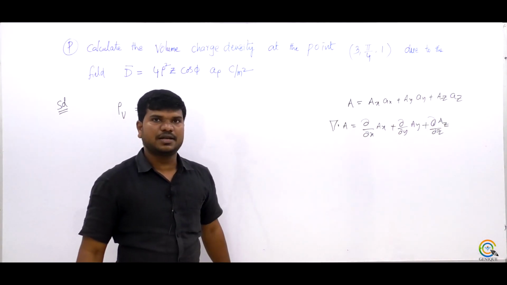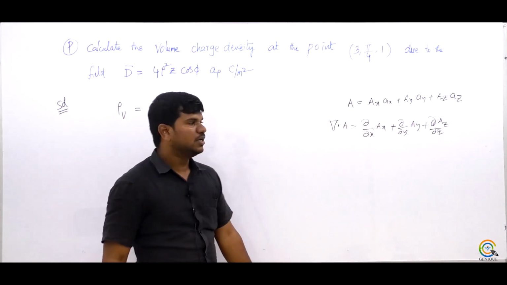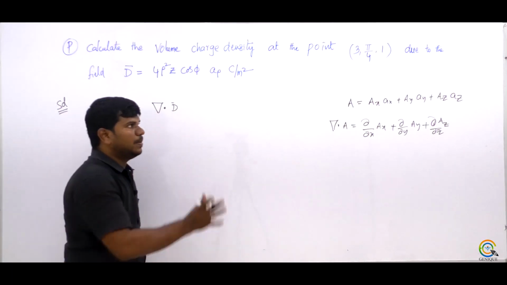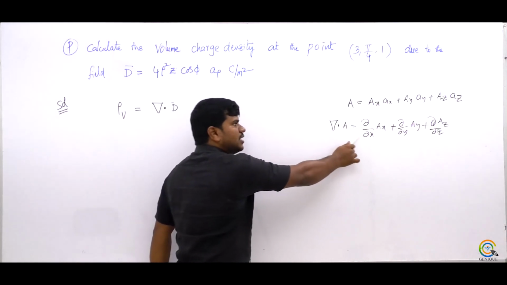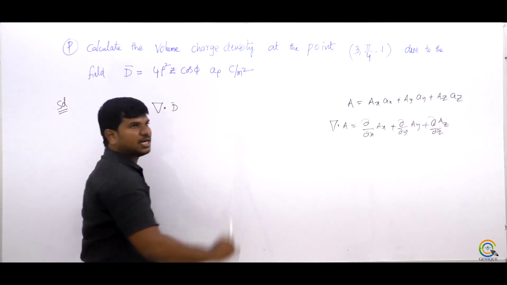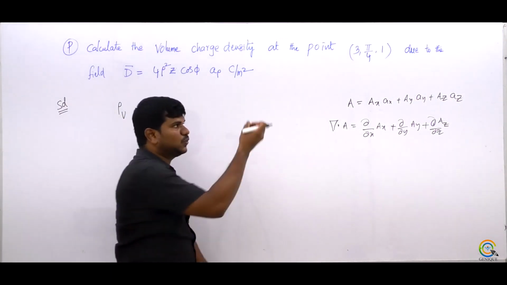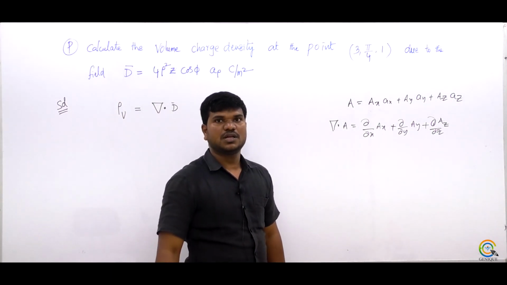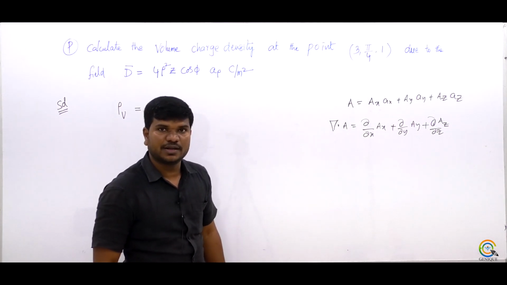So directly we can write it if it is given in Cartesian coordinates. But this kind of expression cannot be used for the cylindrical coordinates. That's what you have to identify here.